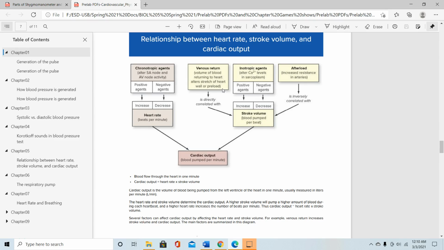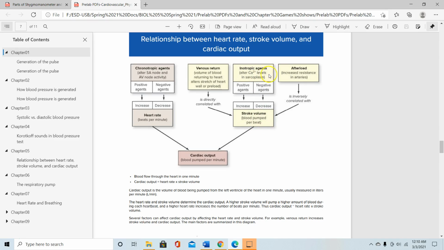So more blood returning to the heart, more stretch in the heart, and more stretch will increase the preload, and that will increase the force of contraction of the heart, and that is why it will increase stroke volume, or blood pumped per beat.